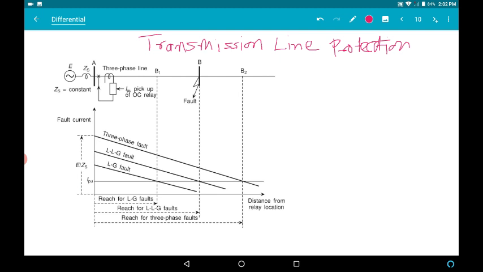schemes. So here in this case, we are just looking at a diagram wherein there is a source of value E, there is a source impedance of ZS, and then there is a three-phase line. So this is a three-phase source, three-phase impedance shown in a single line diagram, right?